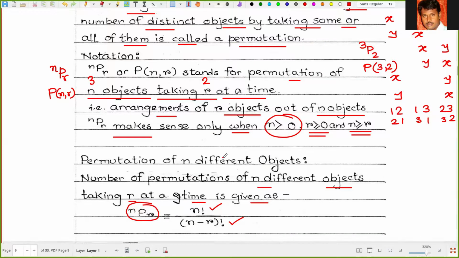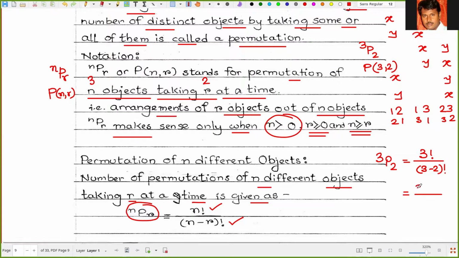In the case of seats and the two persons, we have 3P2. So we can write it as 3 factorial upon (3 minus 2) factorial, or 3 factorial upon 1 factorial. 3 factorial means 6 and 1 factorial means 1. So that is equal to 6. And already we have found 1, 2, 3, 4, 5, 6 ways.